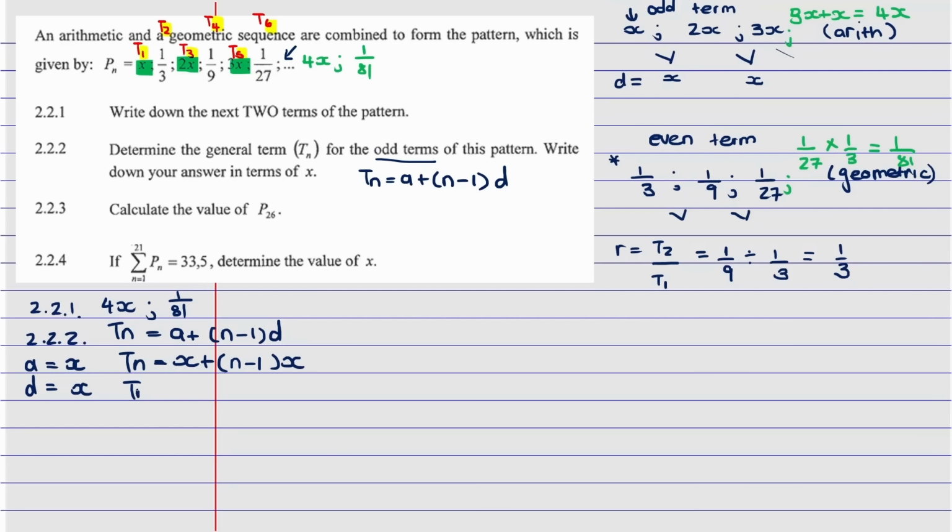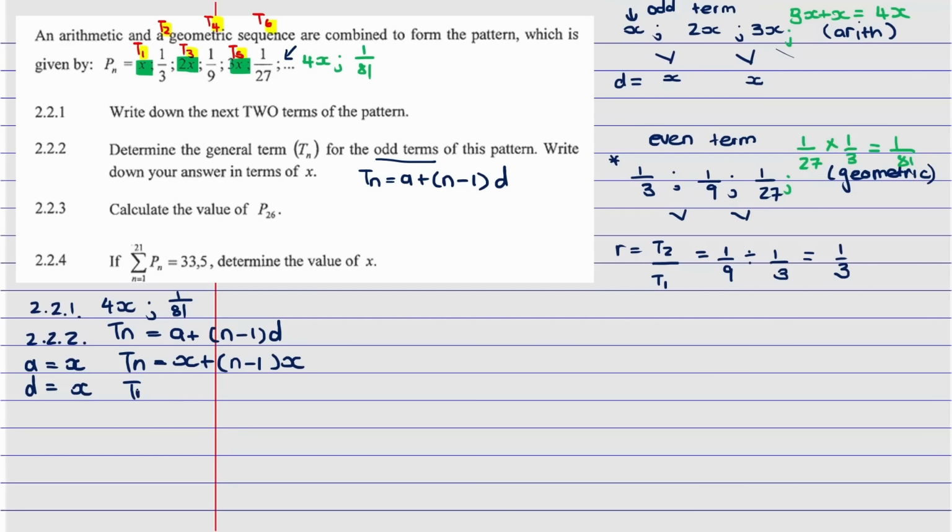So first of all, we're going to write this geometric sequence. We know it's going to be 1 over 3, 1 over 9, and 1 over 27. We already know that the common ratio is 1 over 3, right? So we know that the general term for this one is equal to a r to the power n minus 1.